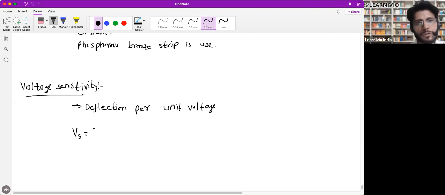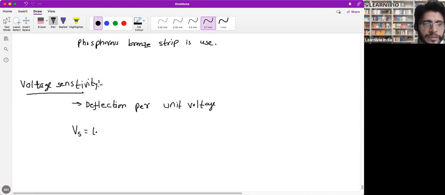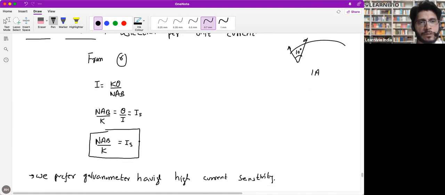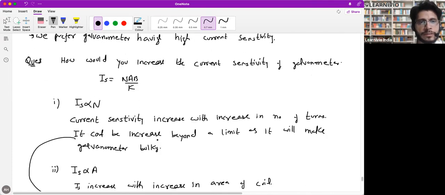So you can write your voltage sensitivity as theta divided by voltage. You can write your voltage as current into R, so theta by I into R. See, what is theta by I? Theta by I is current sensitivity. So you can write this as current sensitivity divided by resistance. Let's call this equation number 7, and this is equation number 8.